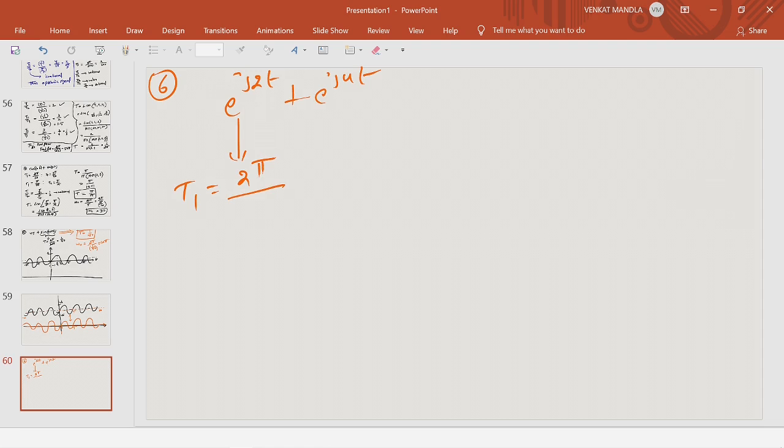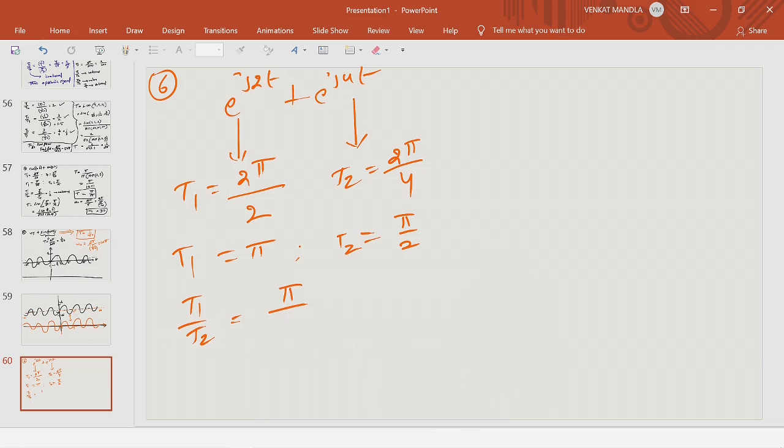I already derived all these things. T2 equal to 2 pi by omega naught, 2 pi by 4. T1 is pi, T2 is pi by 2, for the sum of these two signals. So T1 by T2 equal to 2. This is a rational number, so it is periodic.